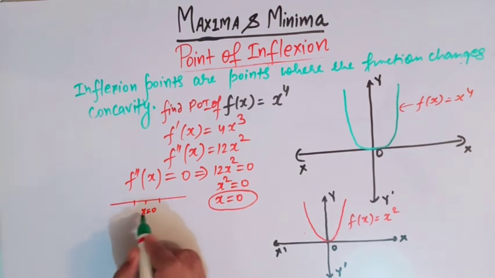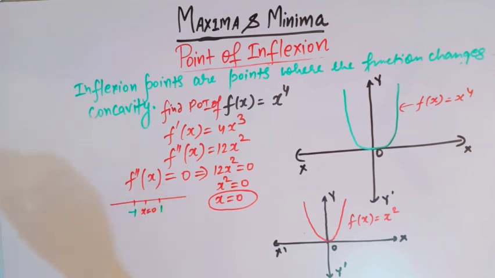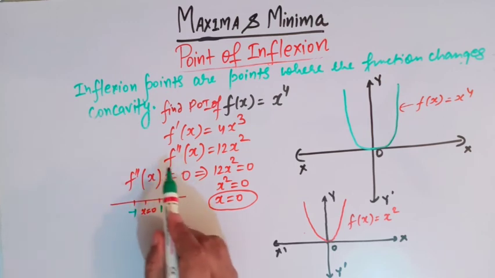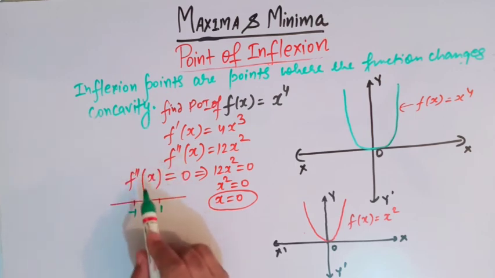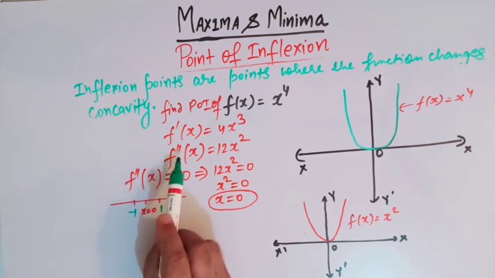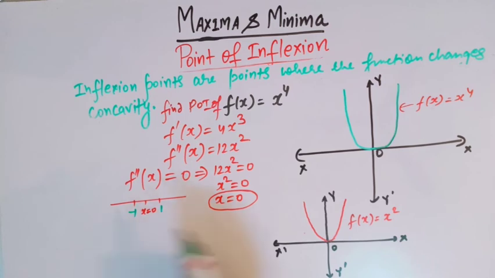Now let us take this point as -1 and let us take this point as 1. Clear? So -1 is to the left of x equal to 0 and 1 is the point to the right of x equal to 0. And let us now calculate the sign of the second derivative at these 2 points.